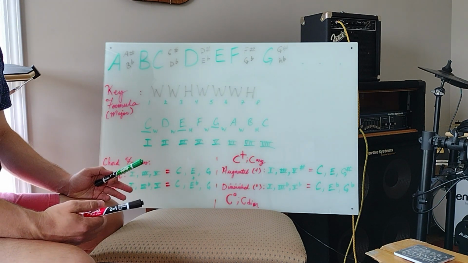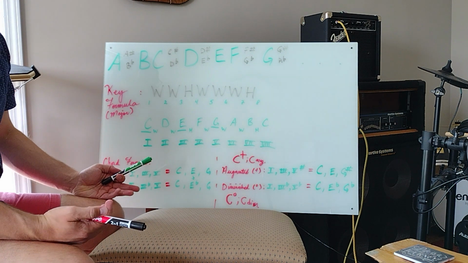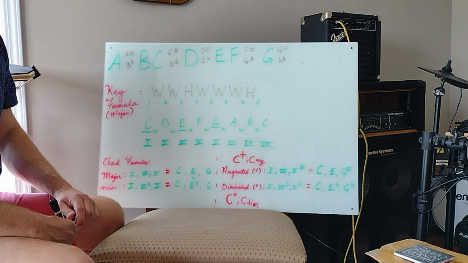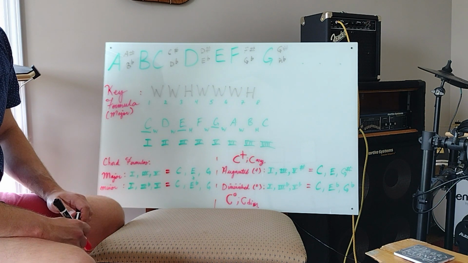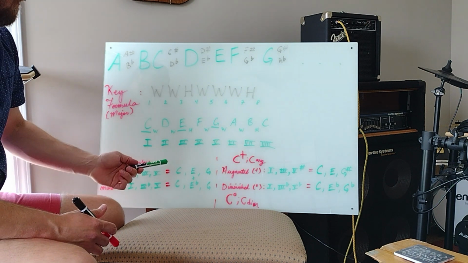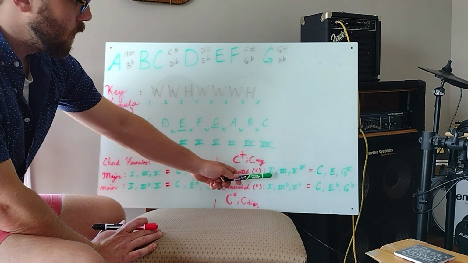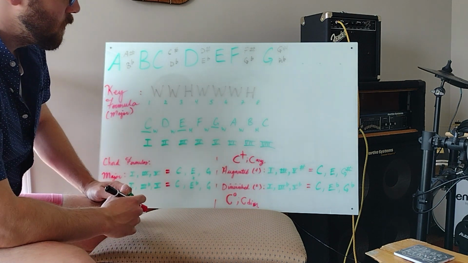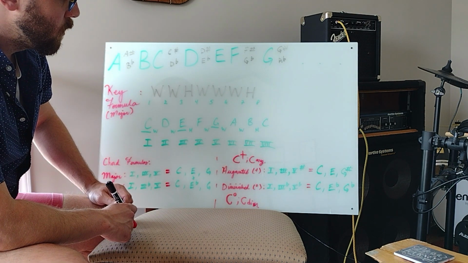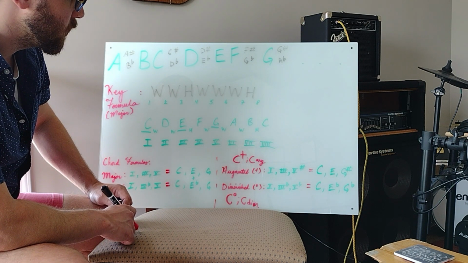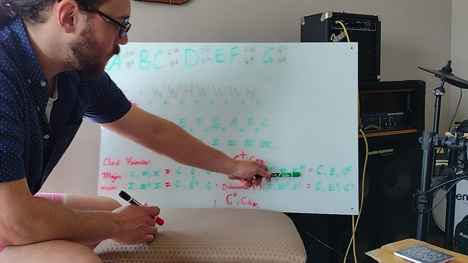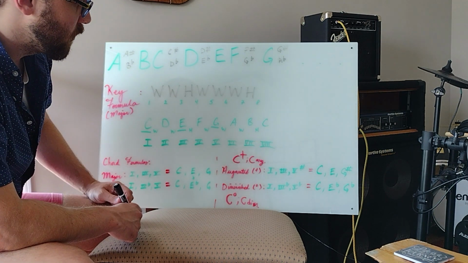Sounds very standard, very bright, very correct, very consonant. We have the minor chord, a little more dark, a little more emotional. We have the augmented chord, which tends to sound a little more tense because of the change in the fifth and the distance now between the third and the fifth specifically.